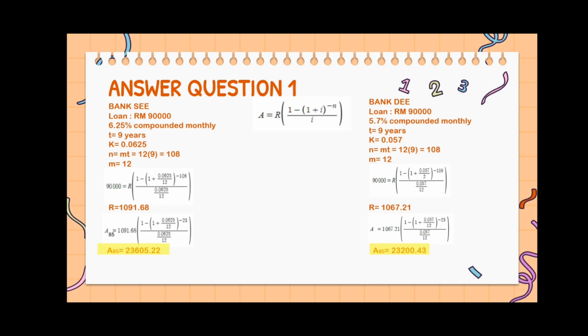Using a calculator, we get A equals 23,200.43. So that's the answer for the first question.